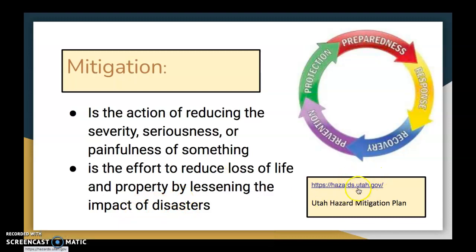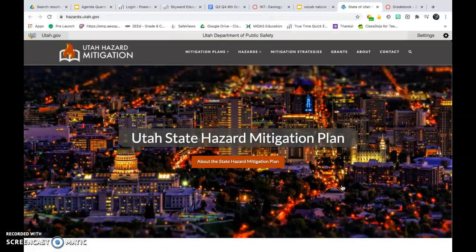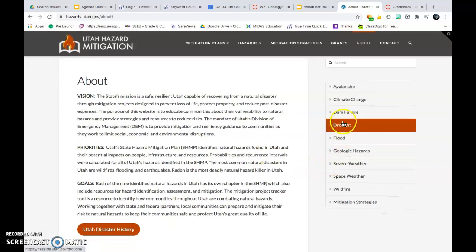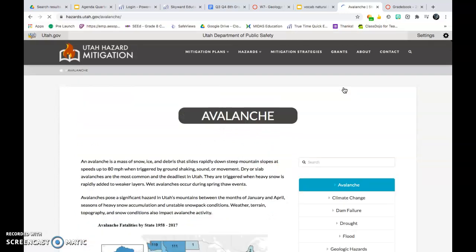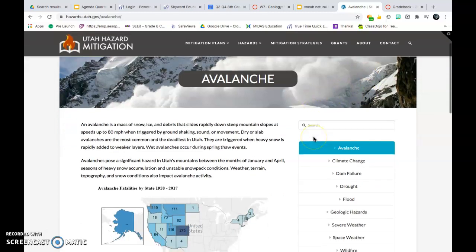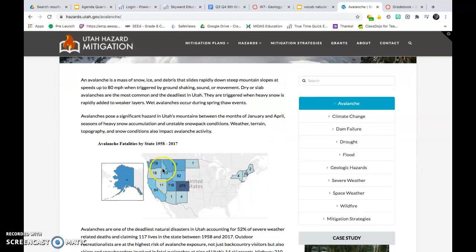So there's a link here, and I will attach this slideshow to the assignment, and you can click here. Kind of an interesting little link, but we can see the Utah Hazard Mitigation Plan here. And if I click on it for just a second, we can take a look at a couple of things, but right here we can see avalanche. Avalanche is one of our very common natural hazards here in the state of Utah. It kind of shows us how we rate.